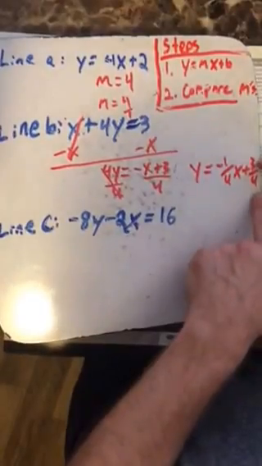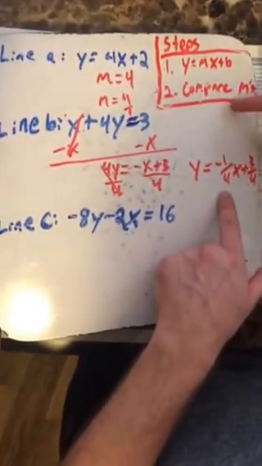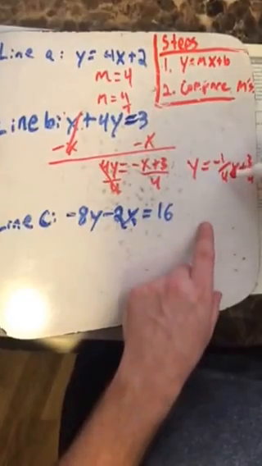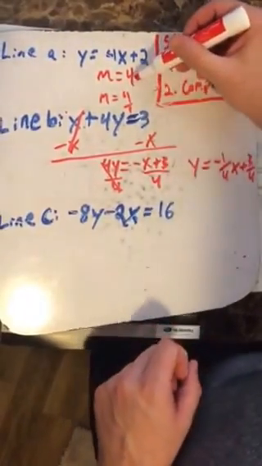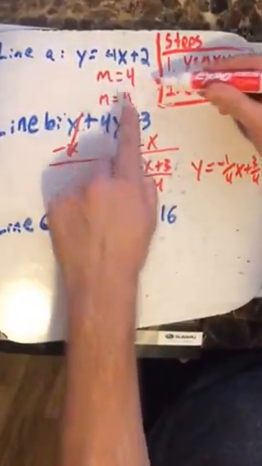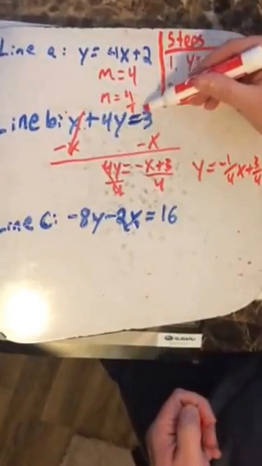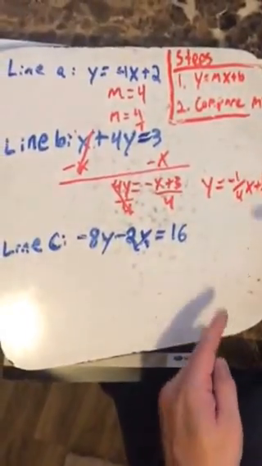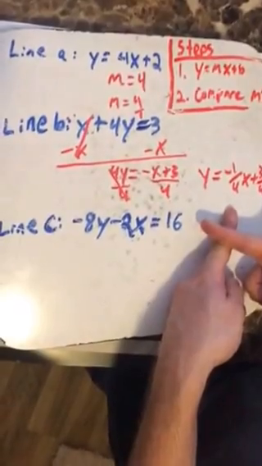I can basically ignore the b, because all I need to look at is the slope. I'm comparing the m's. The slope on this one is negative 1 over 4, and going way back up here, the slope was 4. So they're opposites, because one's positive and the other is negative, and reciprocals, because one is 4 over 1 and the other is 1 over 4. So if I were to graph those, they would actually be perpendicular.